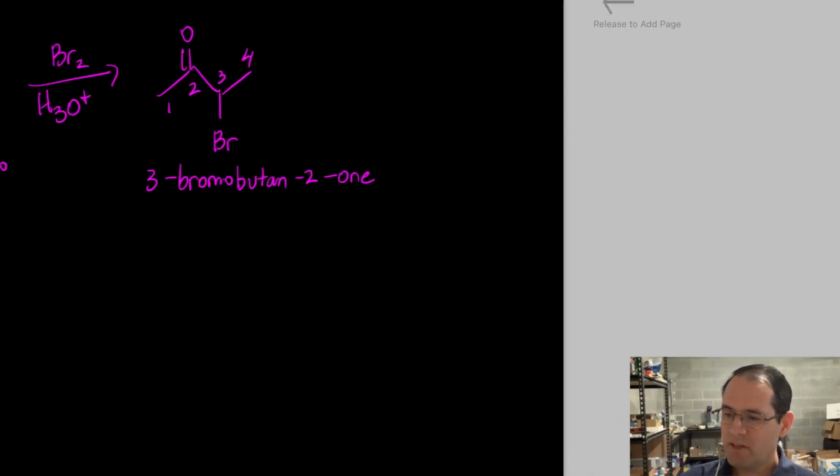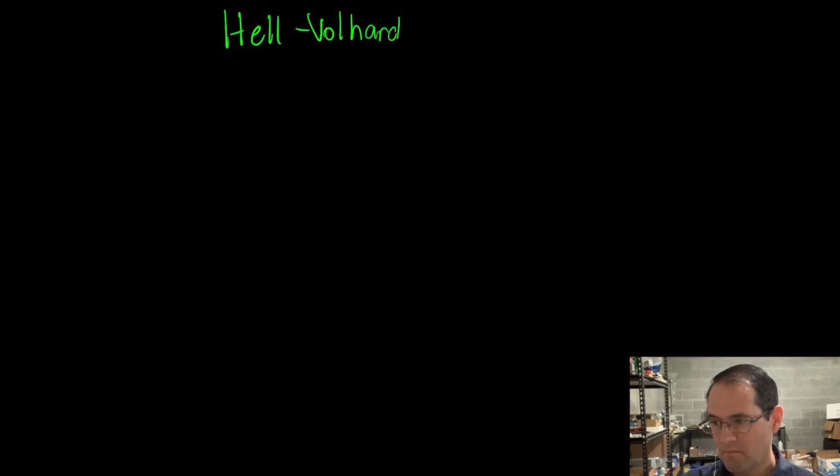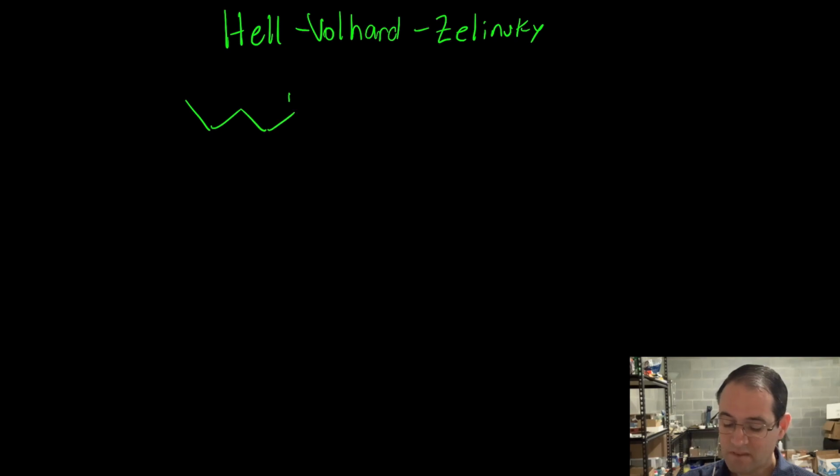Now, the next thing I want to talk about is the alpha bromination of carboxylic acids. This is called the Hell-Volhard-Zelinsky reaction. Okay, 3 different chemists, and it takes a carboxylic acid, okay, and it treats it with a number of different things.